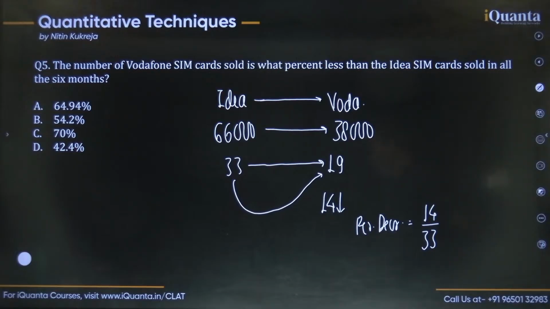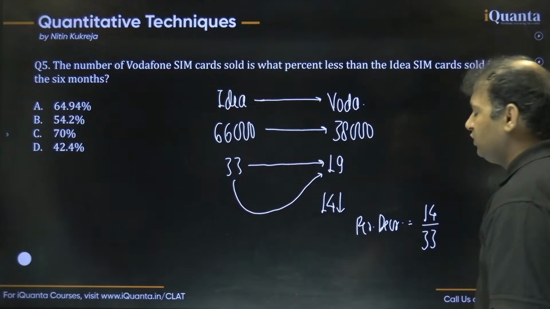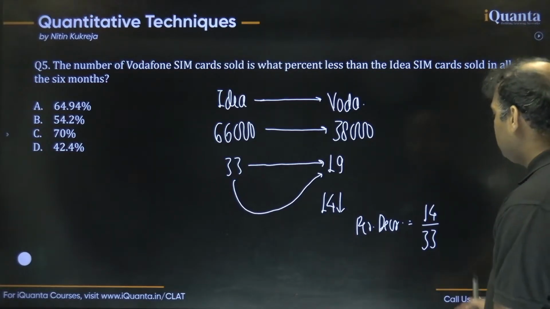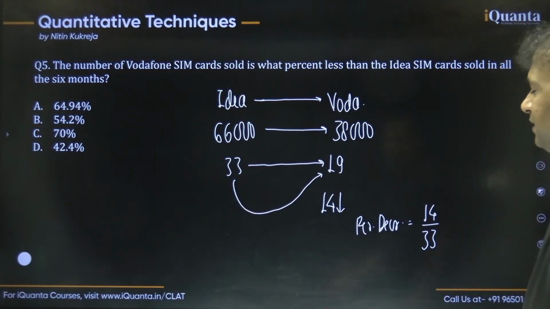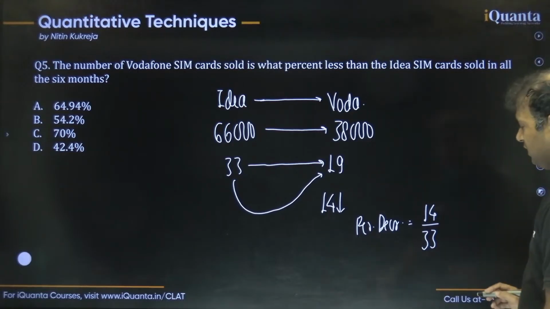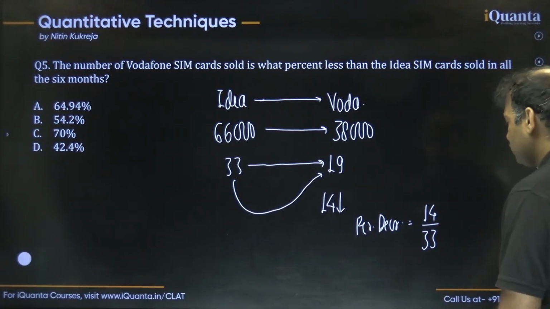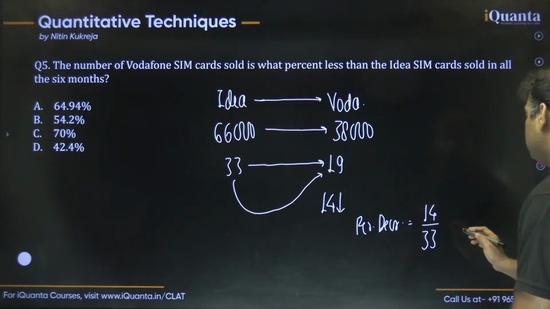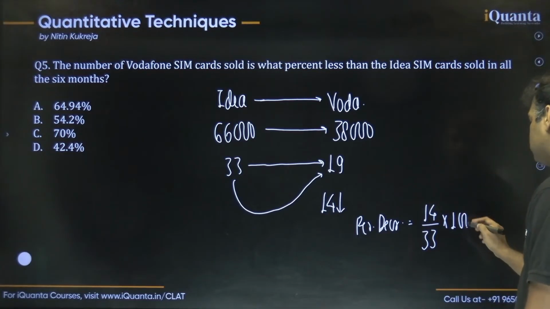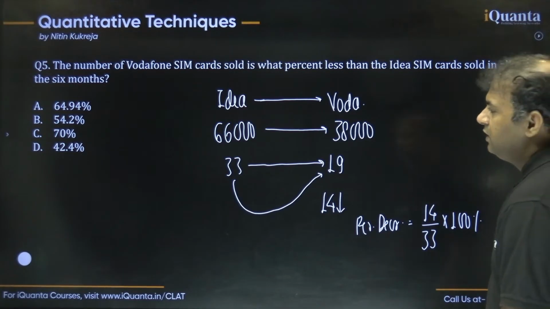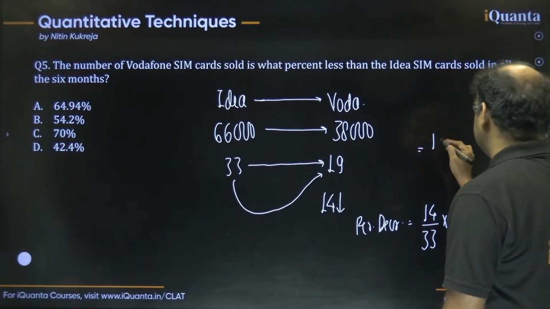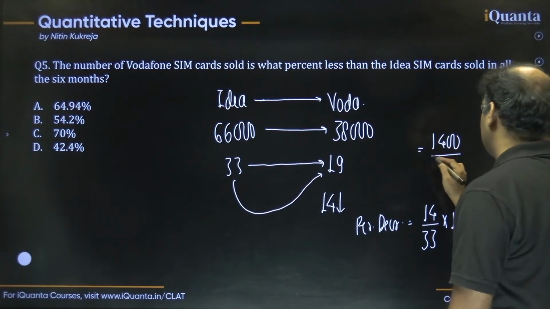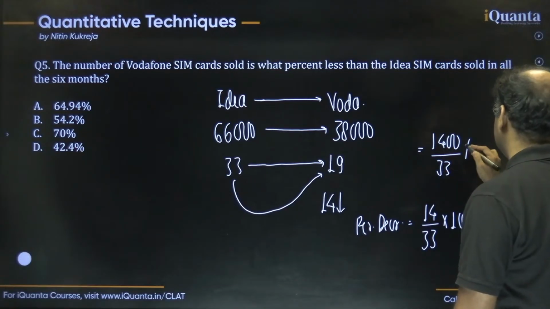That's the last thing of this question. 1 by 33 is about 3.33 percent, approximately 3 percent, so 14 times that is the same. Or let's not think much, just multiply this by 100, so this gives us 1400 by 33.